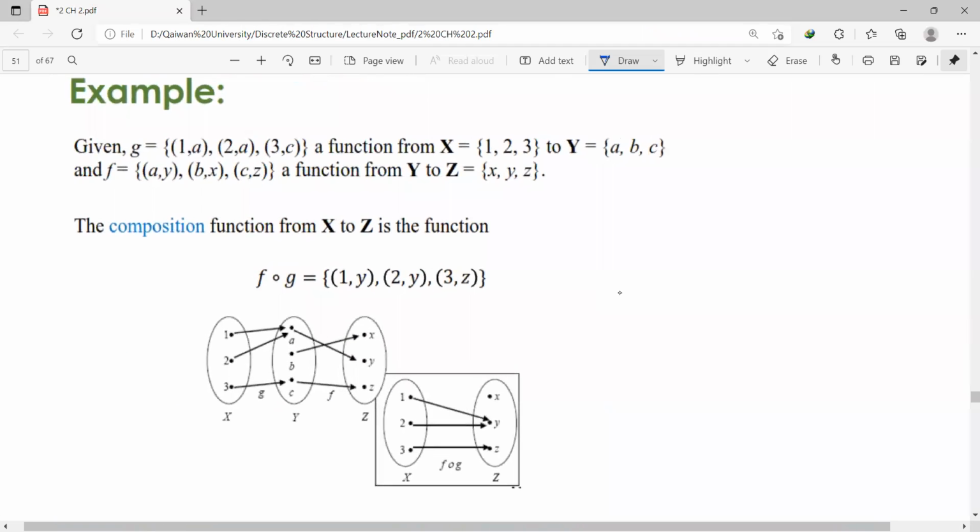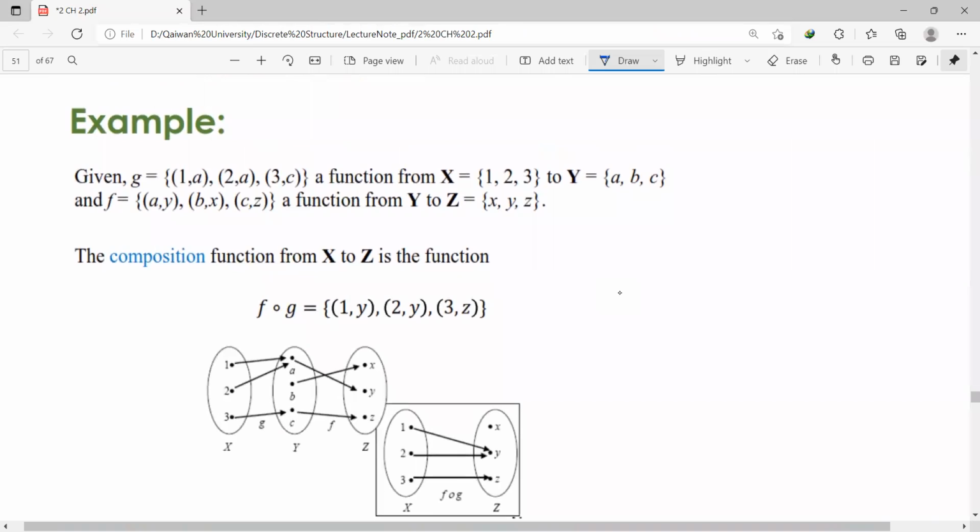Now we have an example here. It says G is a relation from X to Y. It's 1A, 2A, 3C. As you see, 1A, 2A, 3C.